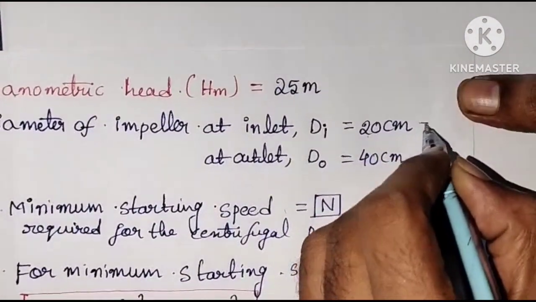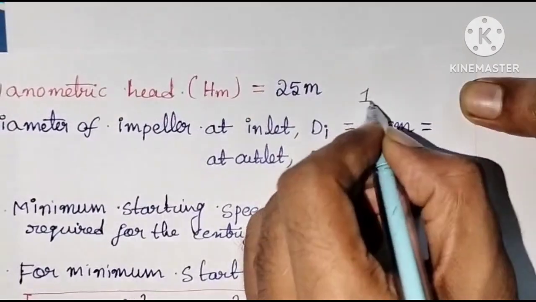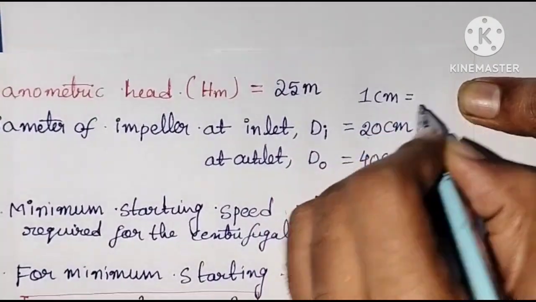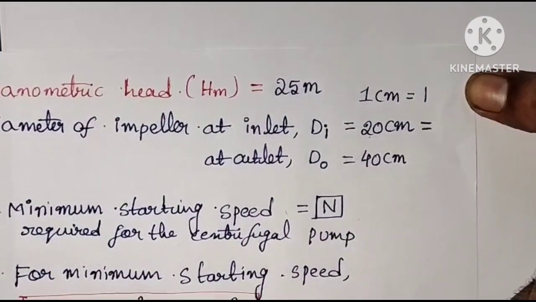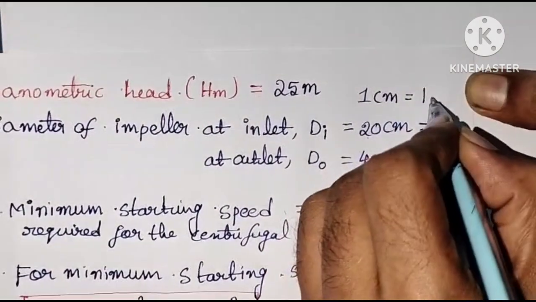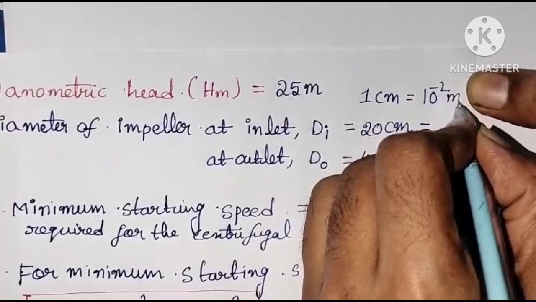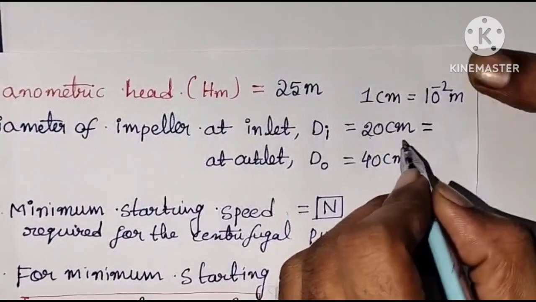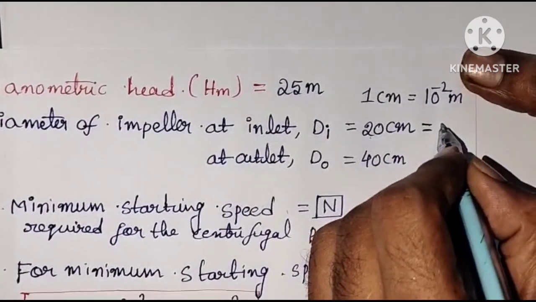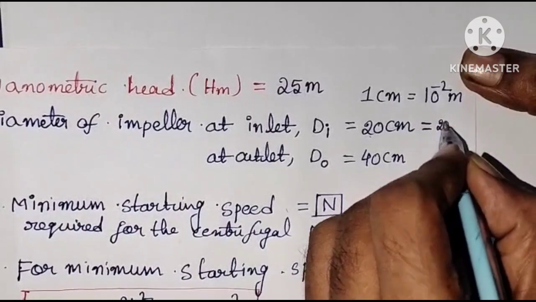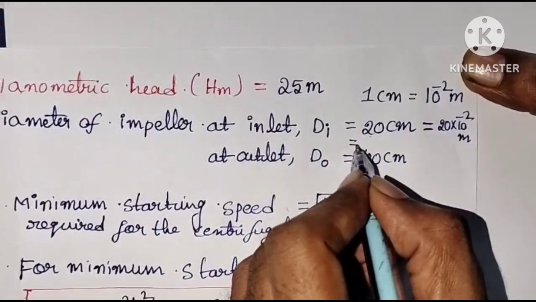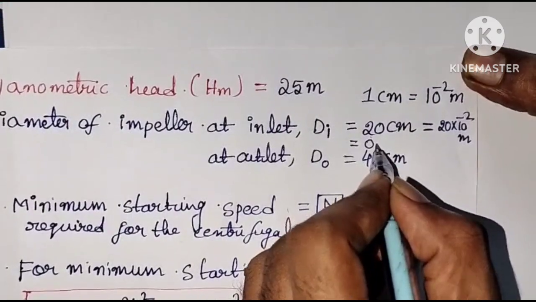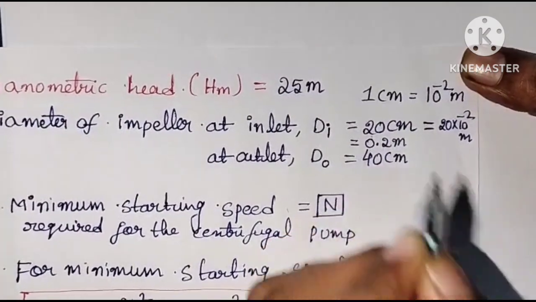We know that 1 centimeter is equal to 10 to the power of minus 2 meters. So 20 centimeters is 20 into 10 to the power of minus 2 meters, which is 0.2 meters.